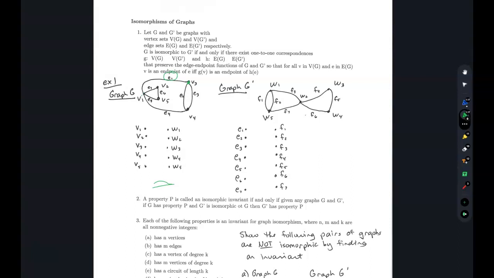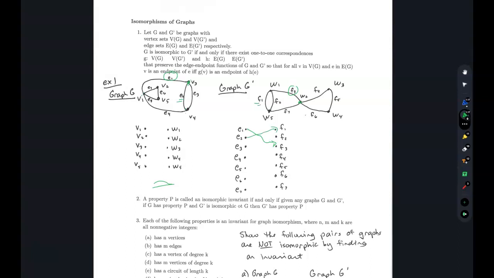So I think E1 could be connected to F3 because F3 is connected to a vertex of degree 4 and a vertex of degree 3. So it's not going to be unique, but this is one of the things we could do. So E2 is this edge right here between these 2 vertices of degree 3. So E2 looks like it matches with F1.